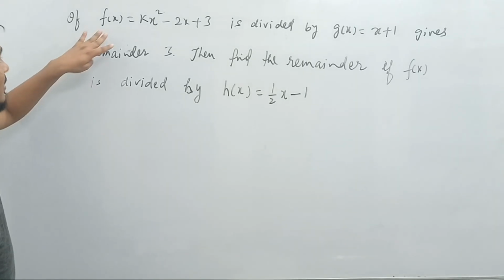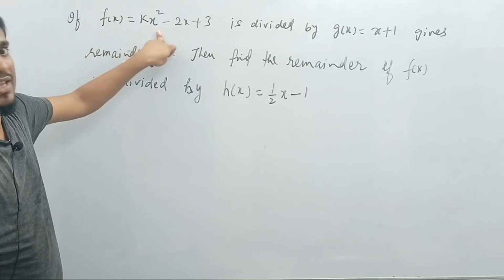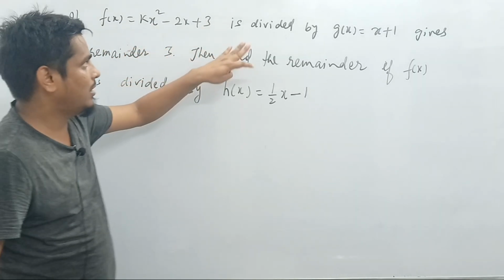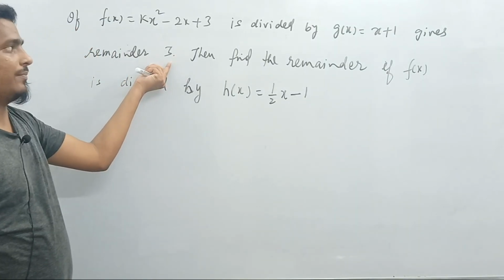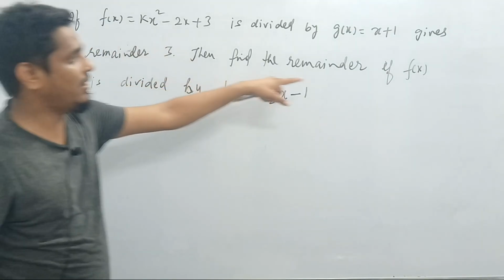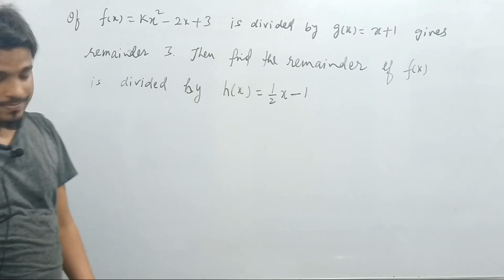So we are given a quadratic polynomial f(x), which is k times x square minus 2x plus 3, divided by g(x), giving remainder 3. Then we need to find the remainder if f(x) is divided by the linear factor h(x).